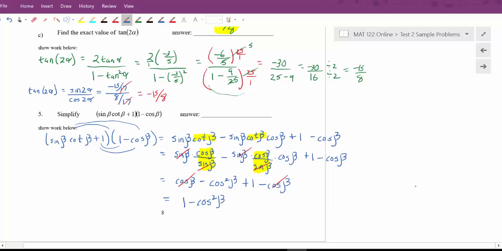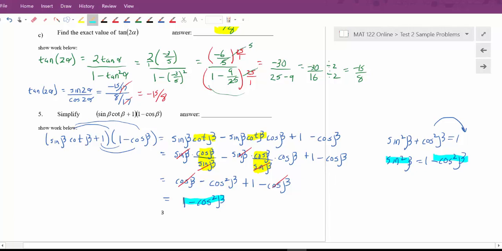Now there is one more thing you can do. You have the fundamental identity that says sine squared beta plus cosine squared beta equals 1. So if I move that cosine there, notice I get sine squared beta equals 1 minus cosine squared beta. So that means I can replace this thing with this thing.